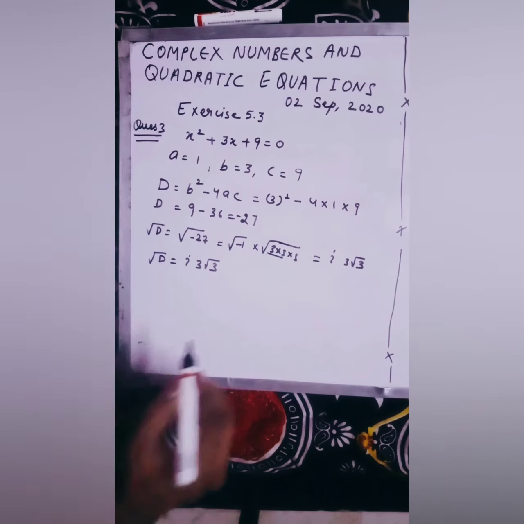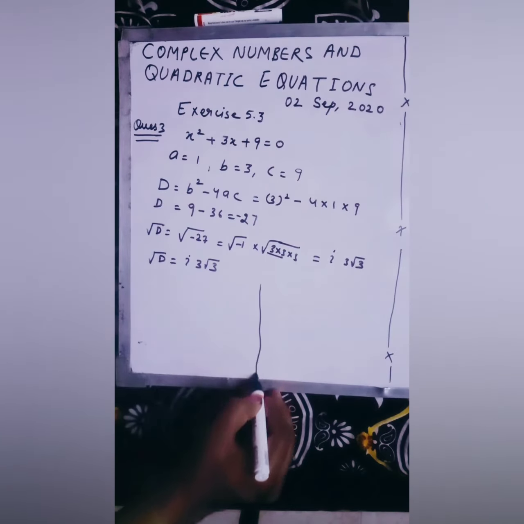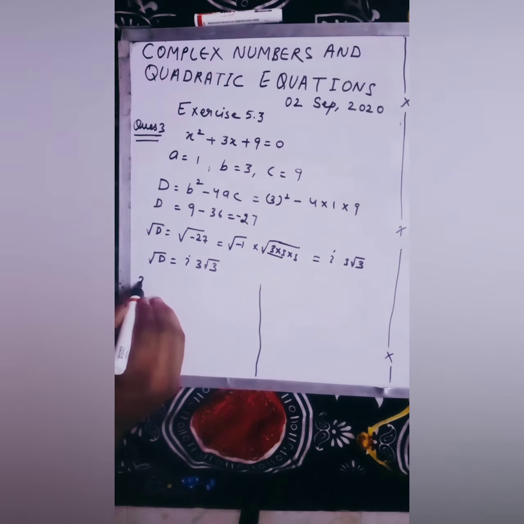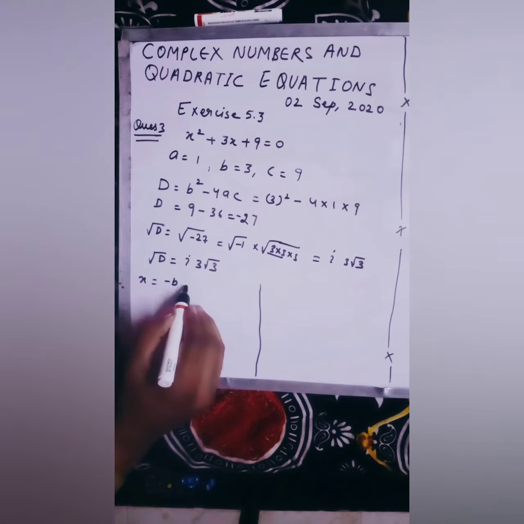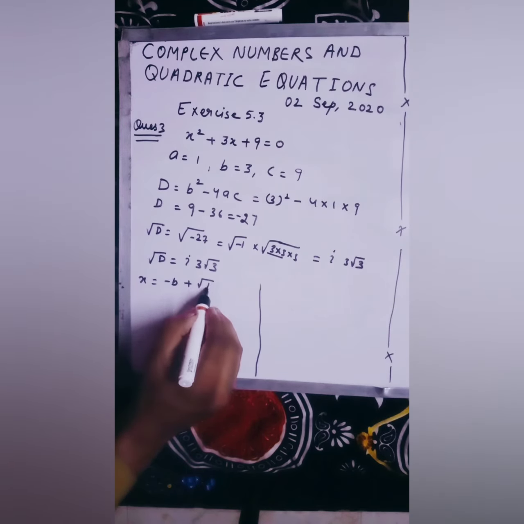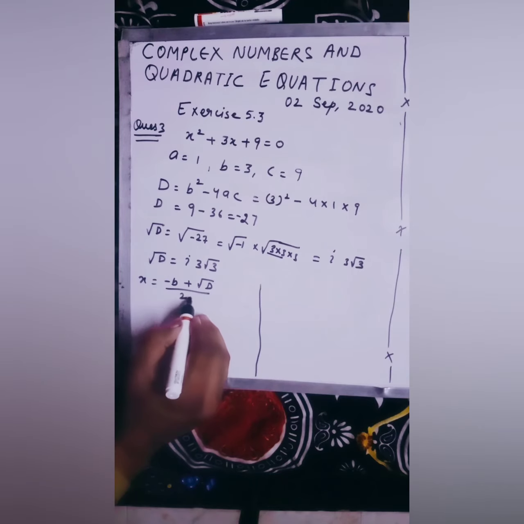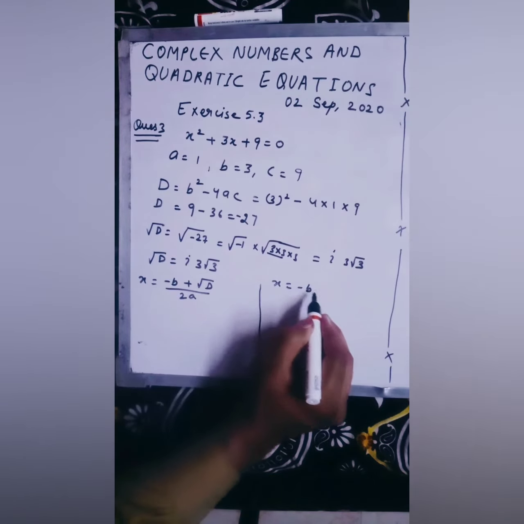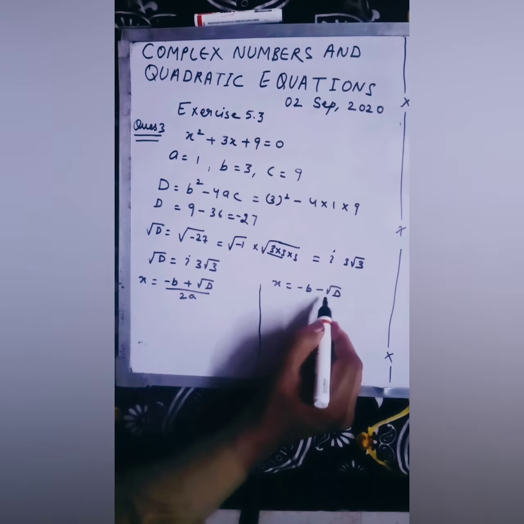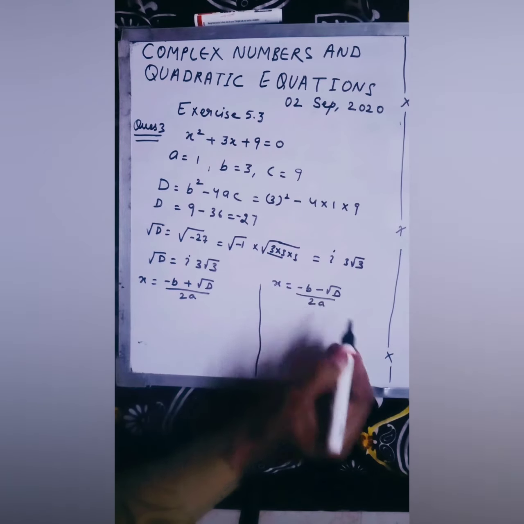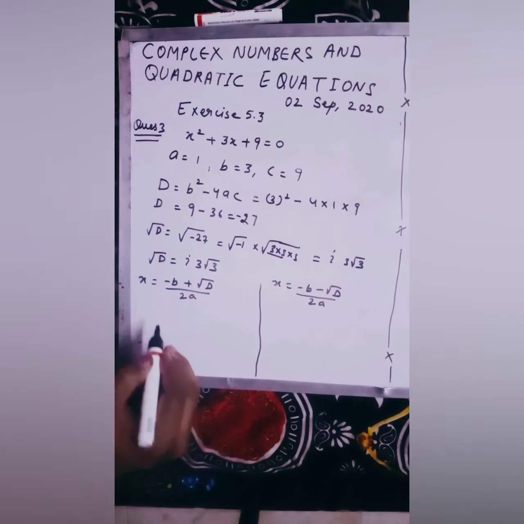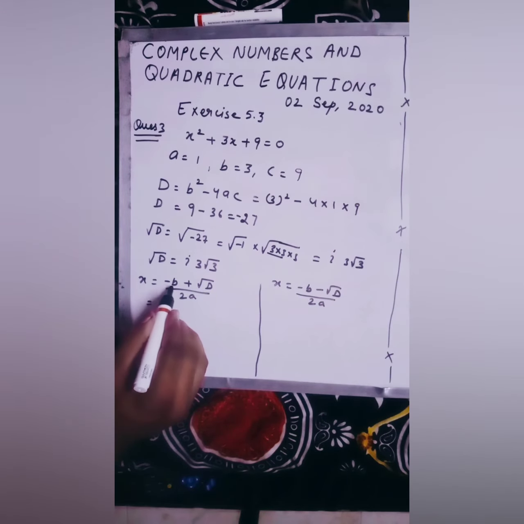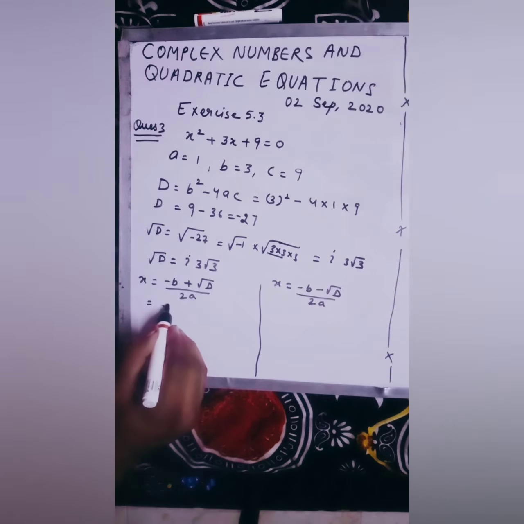Fine. Now your one root will be x equals minus b plus root d over 2a, and your other will be minus b minus root d upon 2a. Now you have to just put the values. Your b is 3, so it will be minus 3.